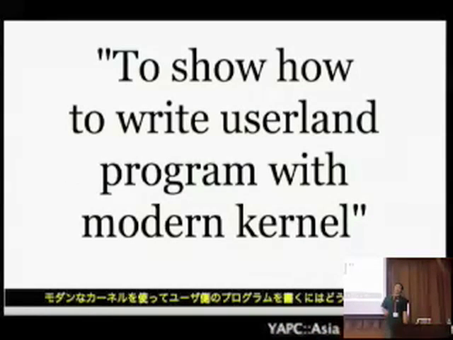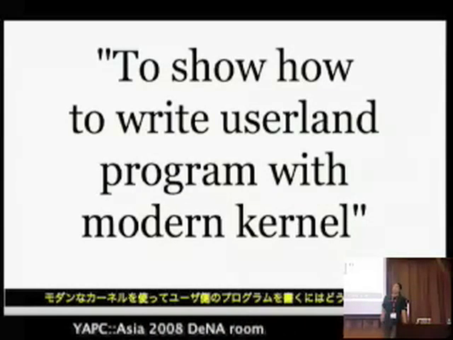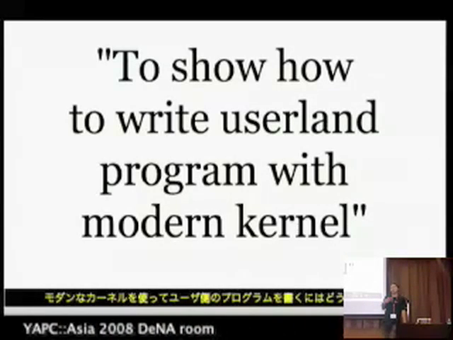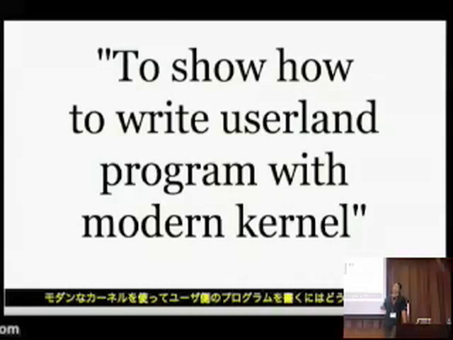Varnish is a reverse proxy, just like what Squid can do, but Squid was written with an old mindset of how Unix works, so it has its own disk allocation and things, whereas Varnish just lets the kernel do all the paging and swapping, because kernels are quite modern now.